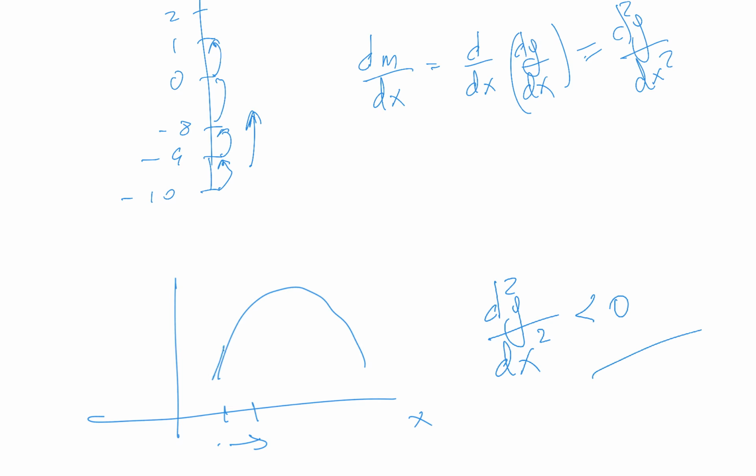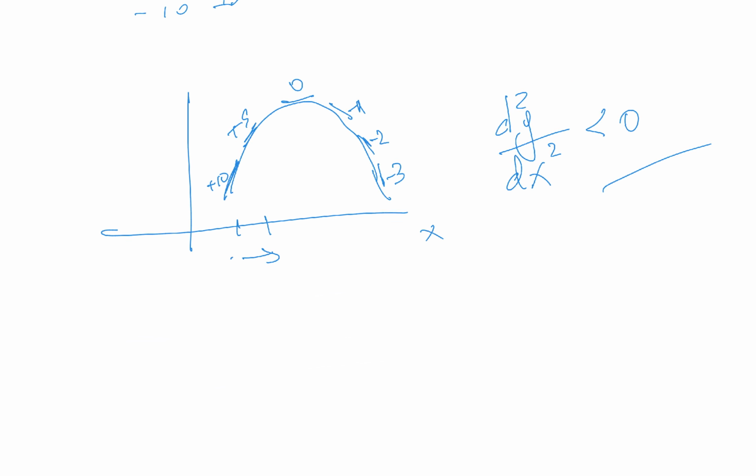The slope here is maybe plus 10, plus 9, decreasing, 0, then minus 1, minus 2, minus 3.